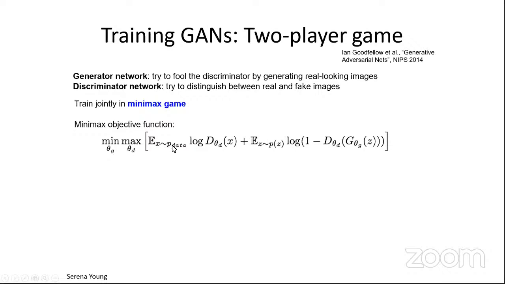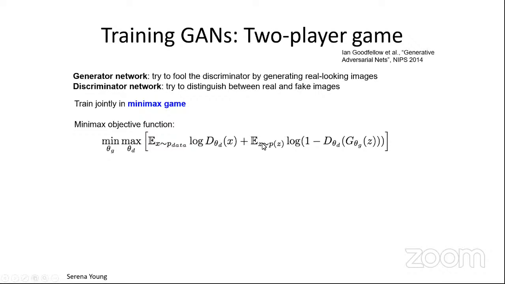X tilde P data means this X is an image coming from the real training set. X is sampled from the original data distribution. Now, capital D of X is the current discriminator score provided to this real image. Log of that is a logarithmic version of the score. And expectation of that is nothing but the average logarithmic score provided to images sampled from real data.